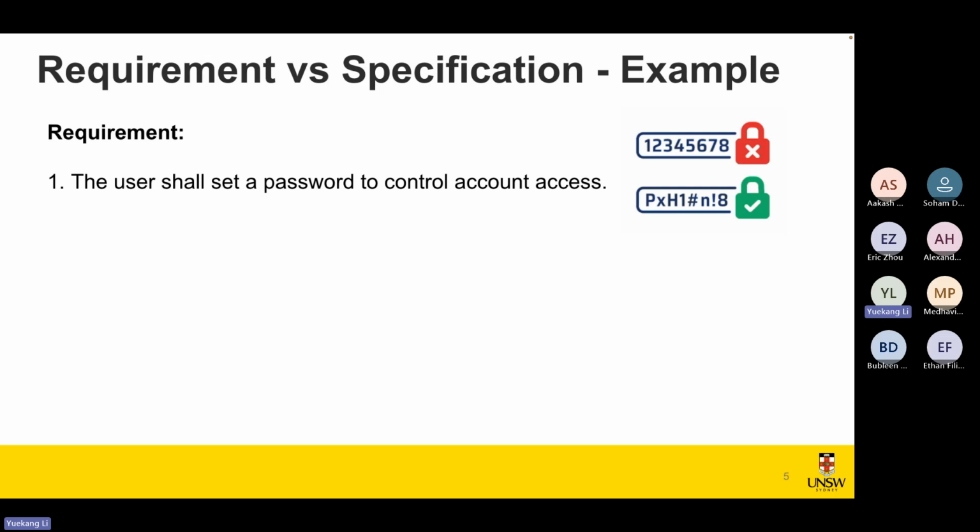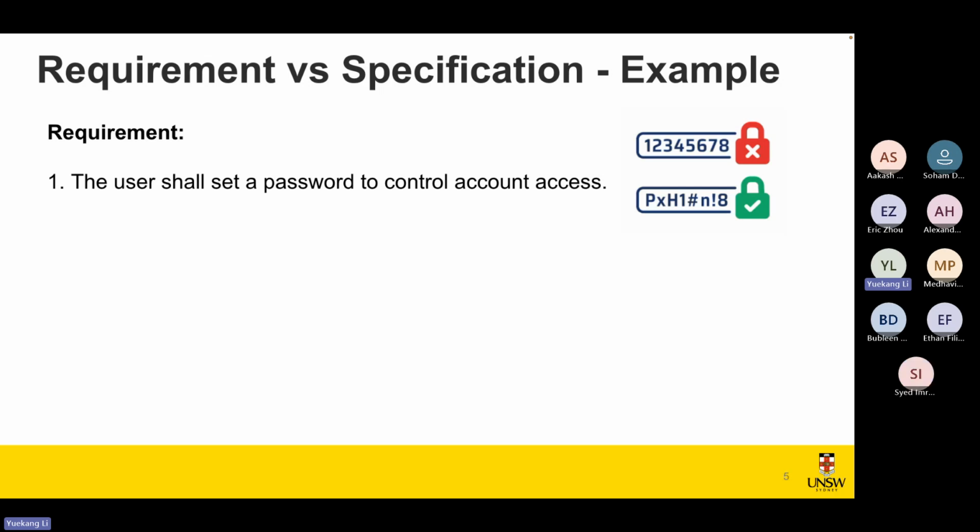Let's imagine we are trying to build a password login functionality for maybe a web application. The requirement could be like this: the user shall set a password to control account access. This is a typical requirement. And like discussed, specifications are more concrete. They are closer to the implementations.